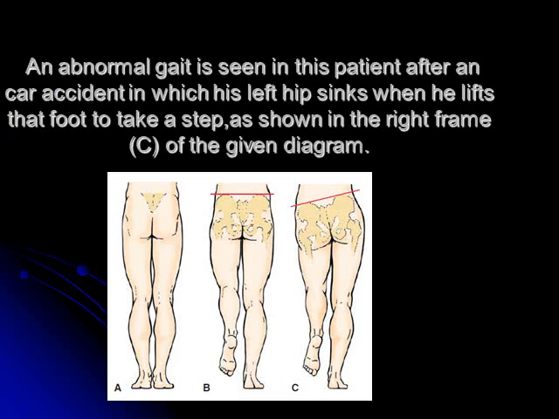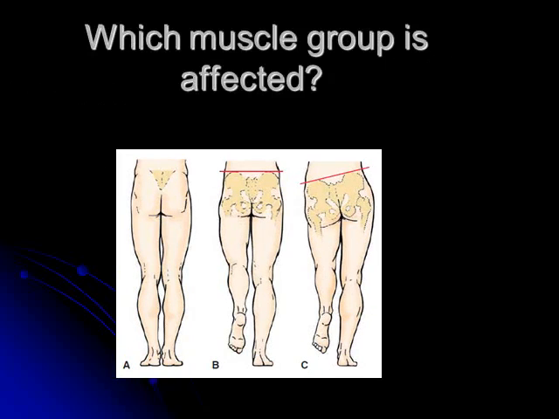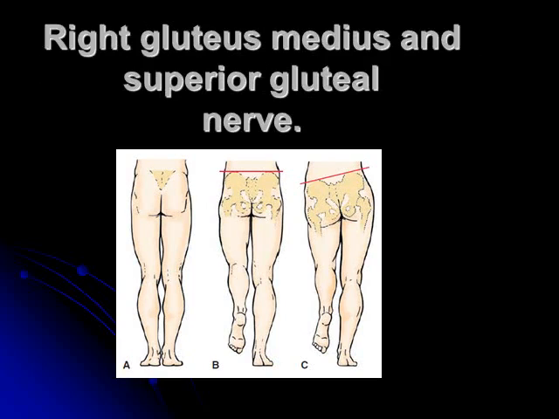An abnormal gait is seen in this patient after a car accident, in which his left hip sinks when he lifts that foot to take a step, as shown in the right frame C of the given diagram. Which muscle group is affected in this patient? The answer is right gluteus medius muscle, and the nerve is superior gluteal nerve.